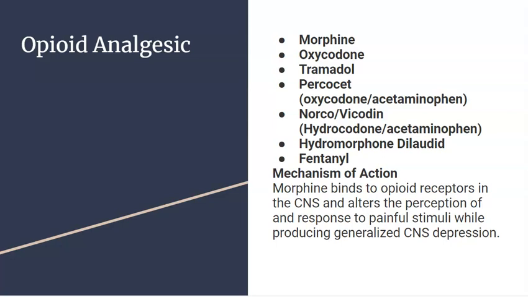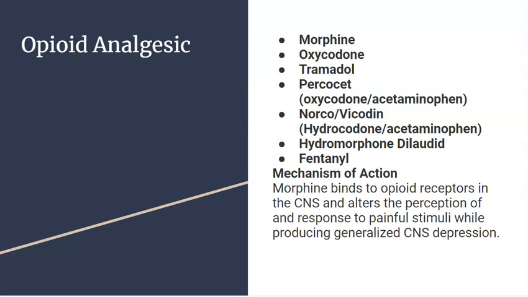And the opioid mechanism of action binds to the opioid receptors in the central nervous system and alters the perception and response to painful stimuli while producing a generalized CNS depression.